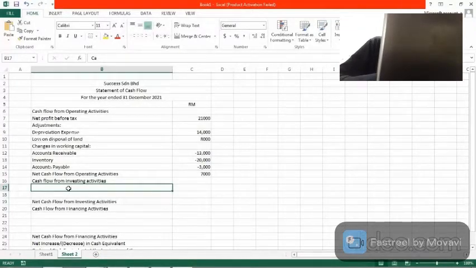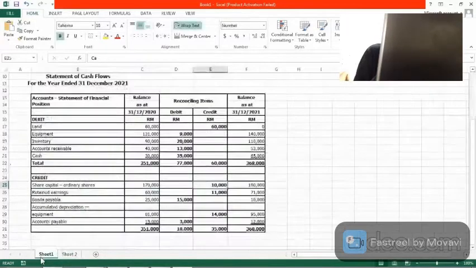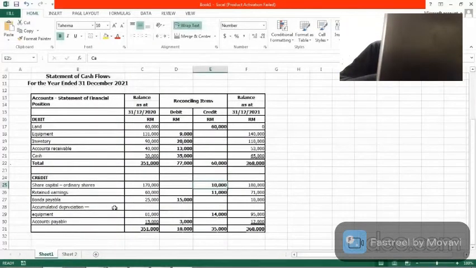The next group of activities is investing. Investing activities is a section which shows the cash generated or spent related to investing. So here, we look at the change of non-current assets to identify whether there are purchases or disposals of non-current assets.